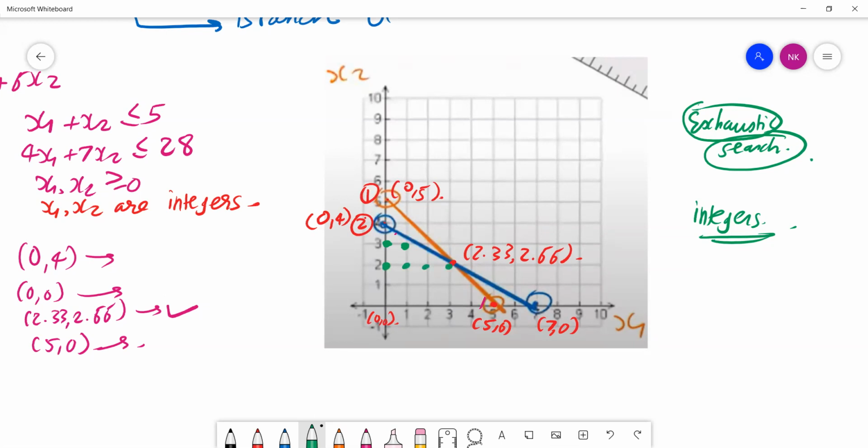This particular intersection is above this point. Again, these are the integer points. These are all the integer points.